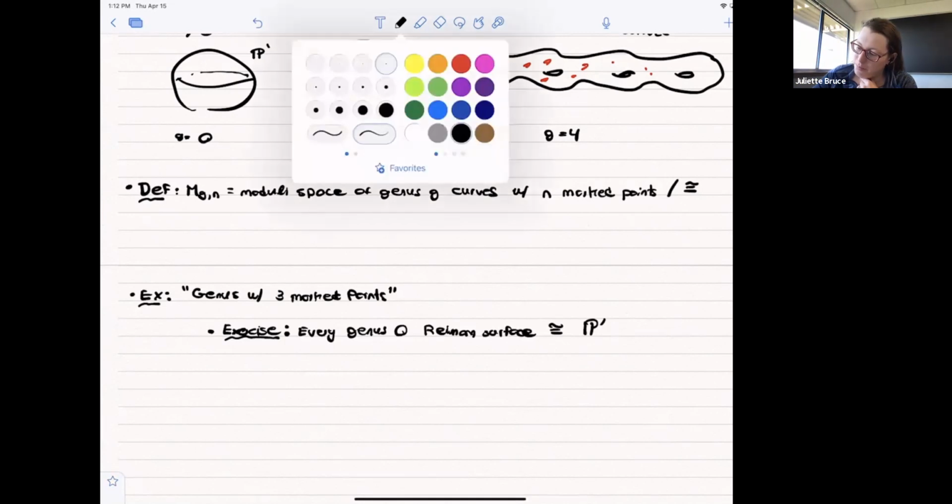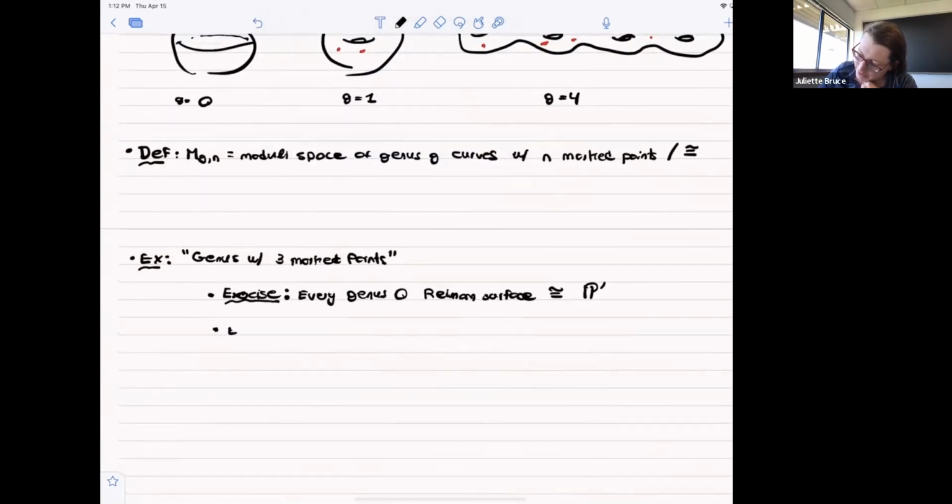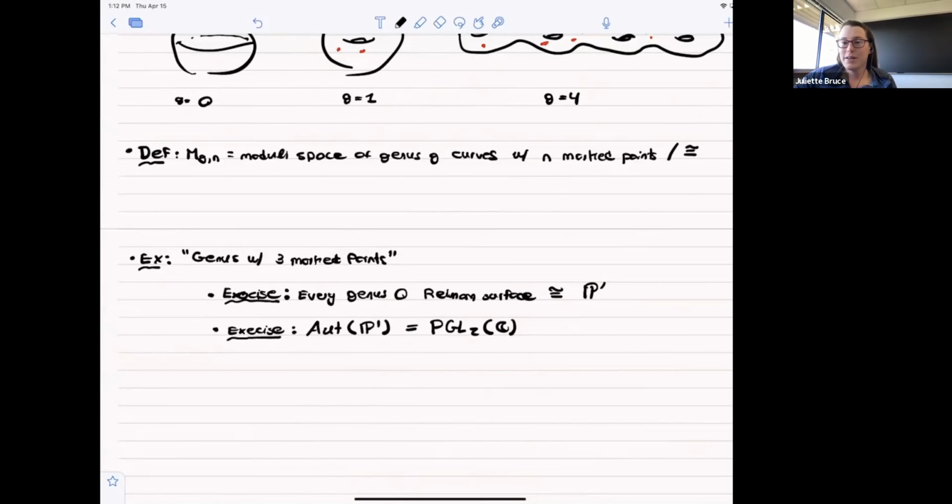And the second exercise, and this one is maybe a little more doable, is that the automorphism group of the Riemann sphere is exactly given by the projective general linear group of 2 by 2 matrices over C, which is a fancy way of saying that it's given by fractional linear transformations.